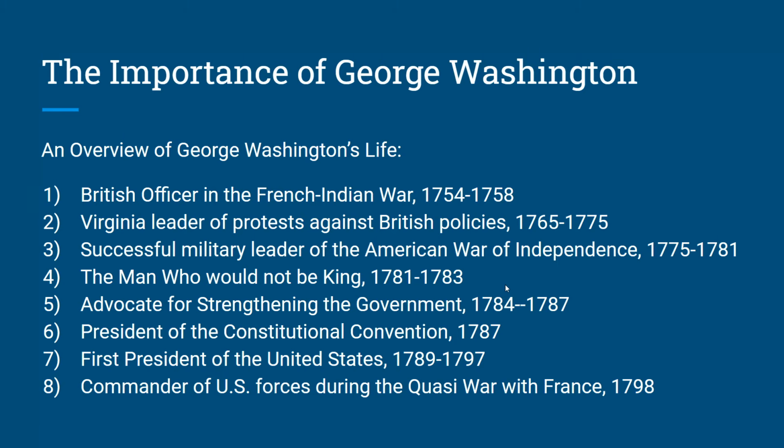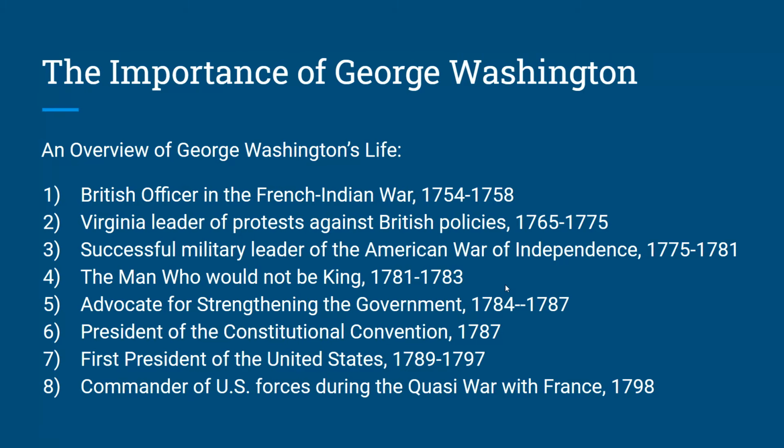He became, of course, a very important leader in the House of Burgesses in Virginia against British policies from 1765 to 1775. Of course, remember 1765 is the year of the Stamp Act. So Washington becomes a very vocal, outspoken critic of many British policies leading up to the American Revolution.